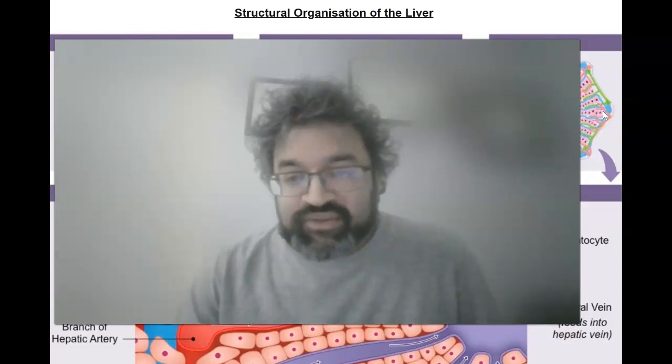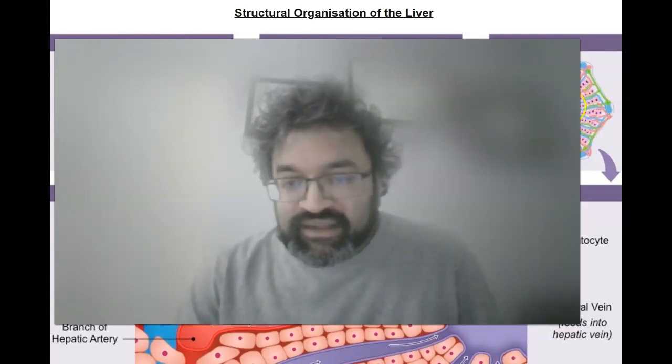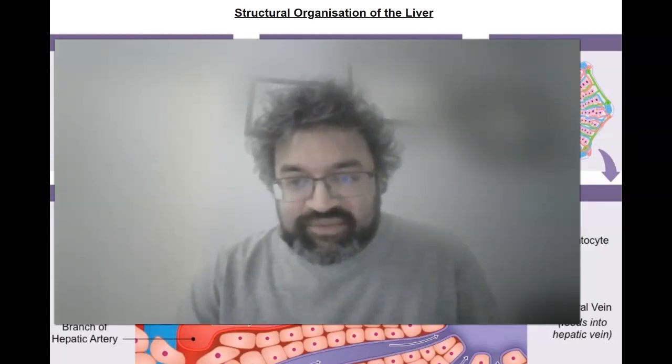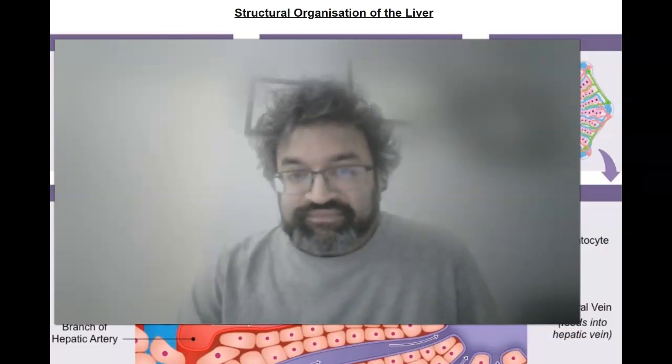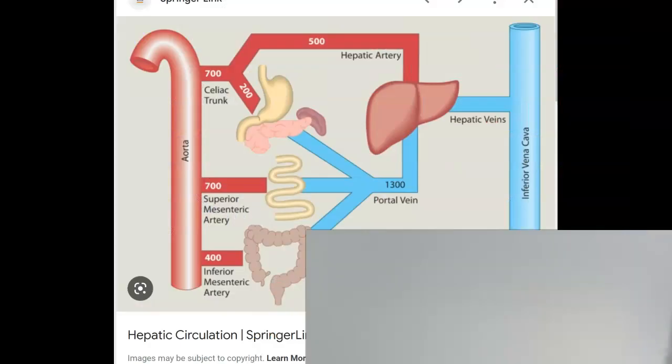They come together and feed into the central vein. The hepatocytes release whatever it is, and then that feeds into the hepatic vein. So let's take a look here. If you look at the portal vein, and then the hepatic veins, this leads to the inferior vena cava.